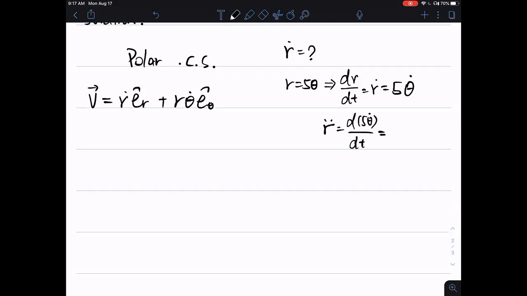Anybody know the answer for r double dot? We already know what r single dot is. It's 5 theta dot. What happens if you take one more dot? Don't worry about getting the wrong answer. Anybody know? Should be 5 theta double dot, yeah, right?